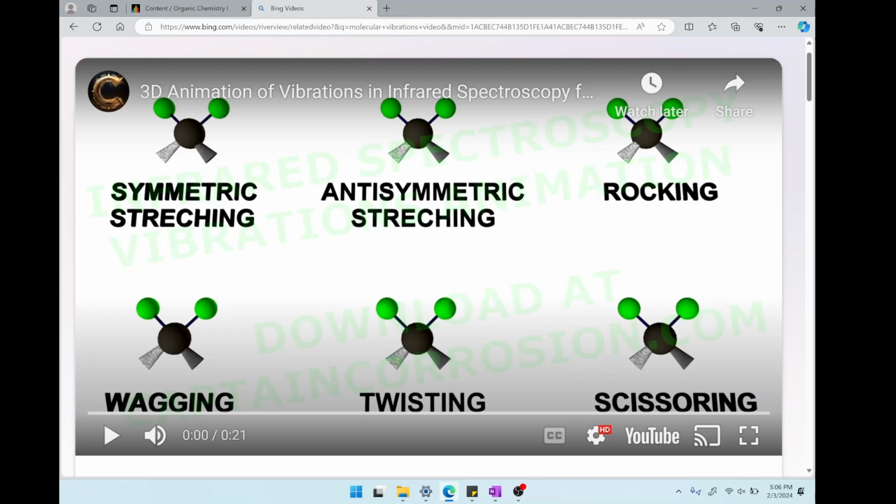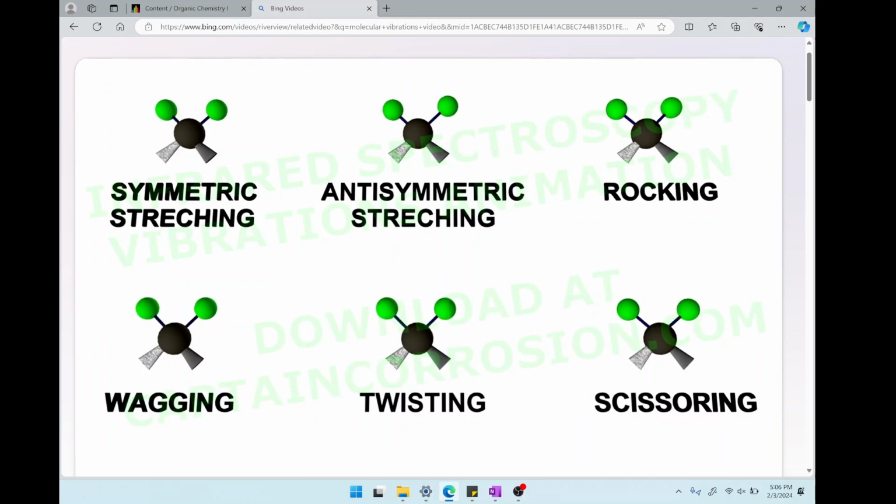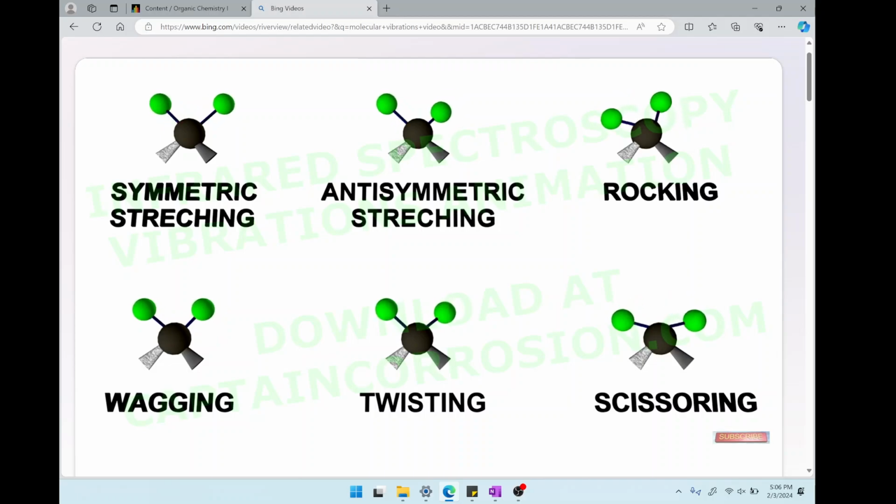You'll see the green atoms, which are bonded to that black central atom, moving around. So I'll play this, and you can see those different types of vibrations that occur: stretching, rocking, twisting, wagging, and scissoring. So in these molecules, these atoms are moving around in different motions.